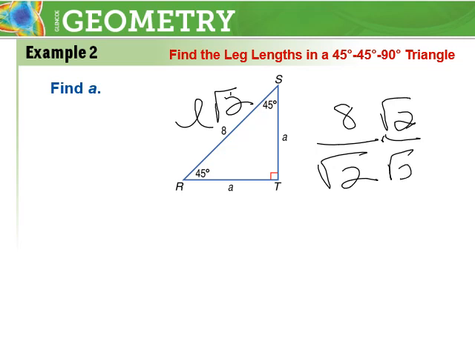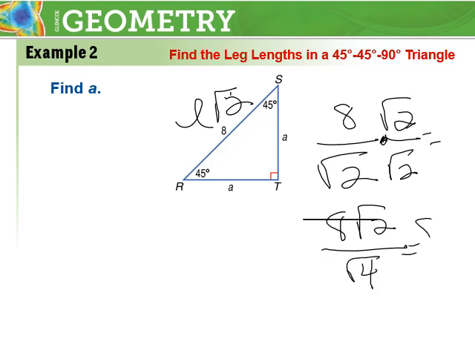So we rationalize the denominator by multiplying by 1, by the square root of 2 over the square root of 2. Which is 8 square roots of 2 over 2, or 4, because 8 divided by 2 is 4 square roots of 2.